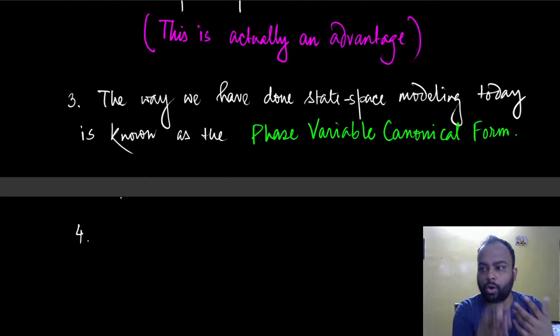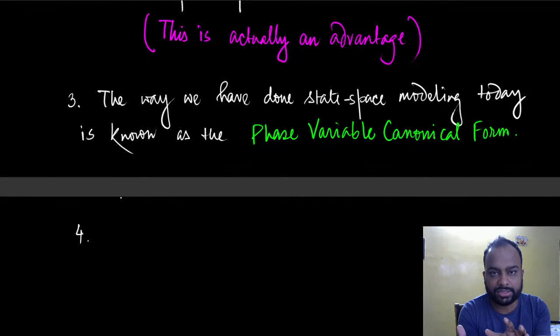Because the moment you are modeling something in the transfer function domain, you are assuming many conditions on it: linearity, time invariance, zero initial conditions and all. But for state space, those conditions are not required, though if I have those conditions, state space modeling also works. So if a system has a transfer function representation, then the system will definitely have a state space representation, but it is not true the other way around always.